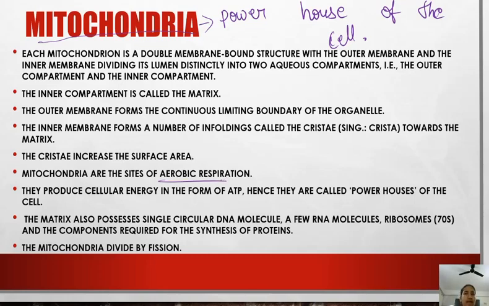Now, what do we mean by aerobic and anaerobic respiration? I hope you know what is aerobic and what is anaerobic respiration. Aerobic respiration is respiration that occurs in the presence of oxygen.